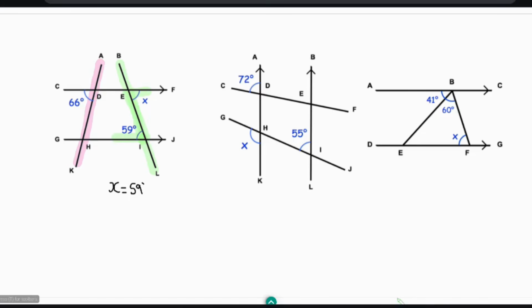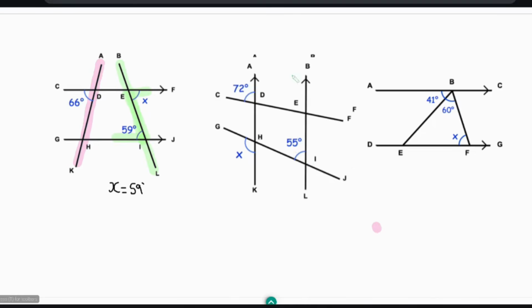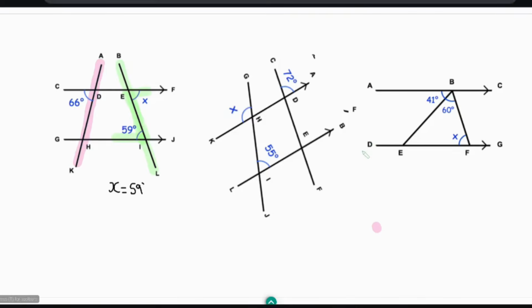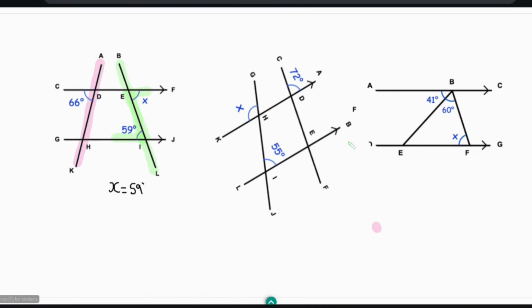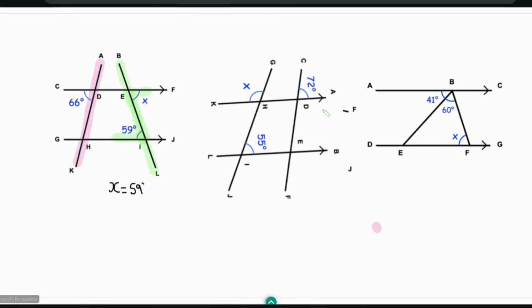Now here, for this second question, I would actually turn the diagram around so that your parallel lines are horizontal. All right, that's better. So, what do we have here?